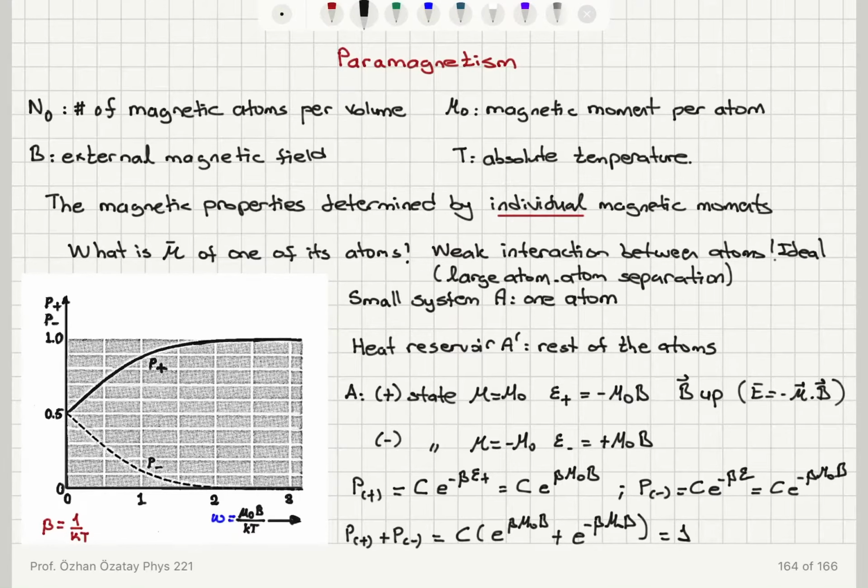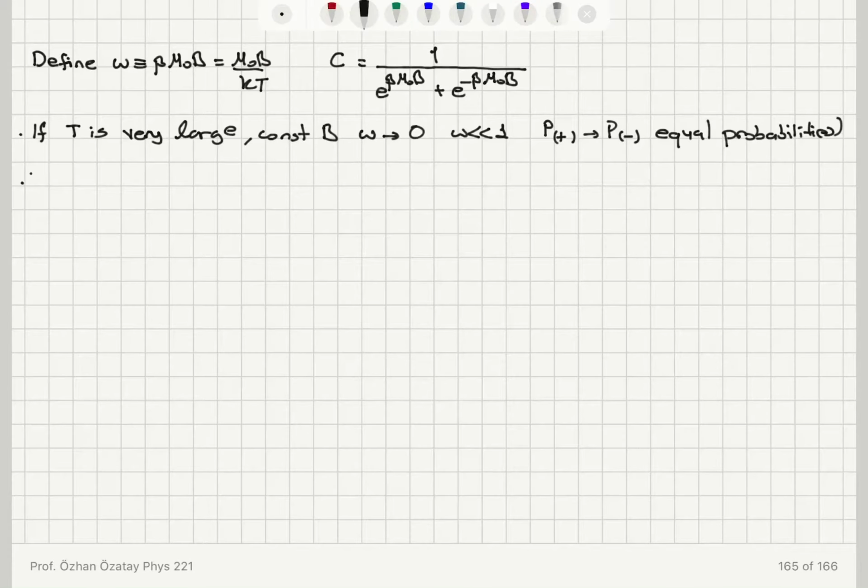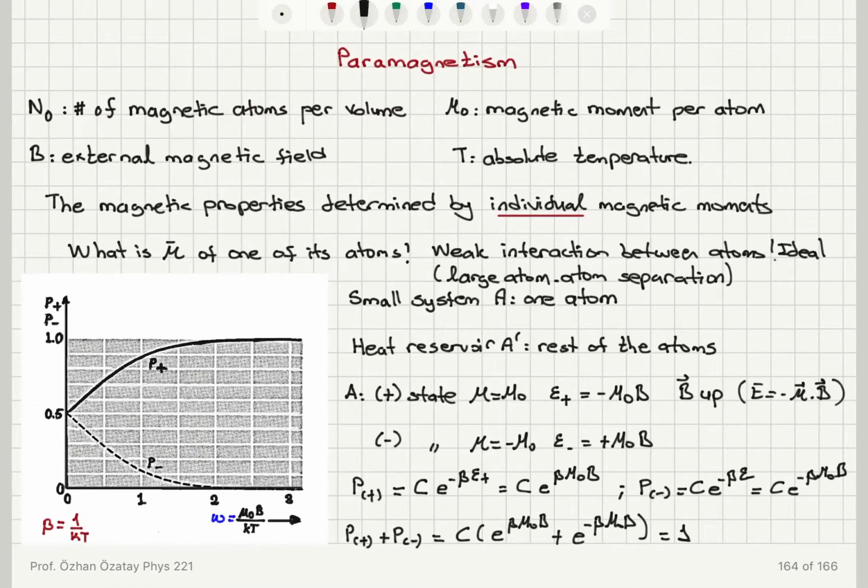And the other thing I want to check is what happens if the temperature is very small. If the temperature is very small at constant magnetic field, let's look at the probability of the minus state.